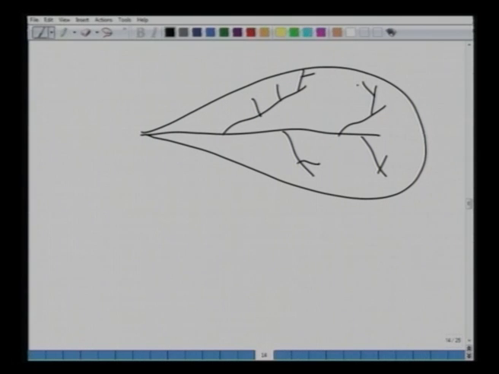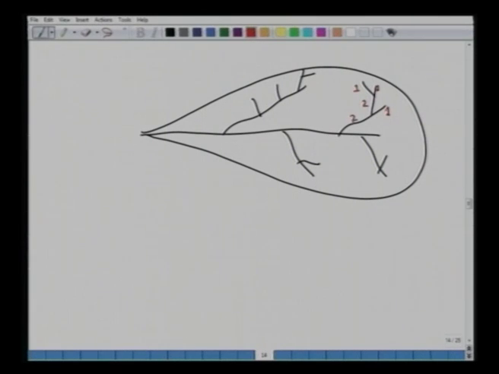Okay. So, let me use a different color actually. Let us say this is 1, this is also 1. These two will join, they will form 2. All right. And then this is the smallest one. So, this is 1, 1 and 2 will join, will form what? It will remain 2. Okay.